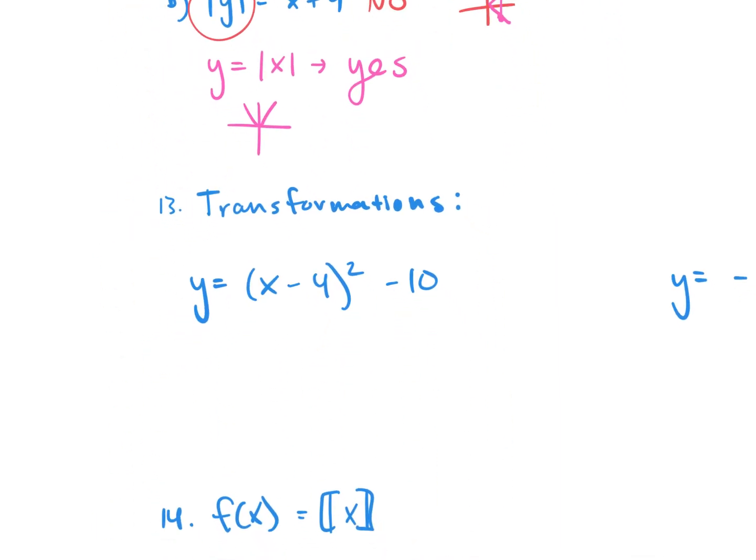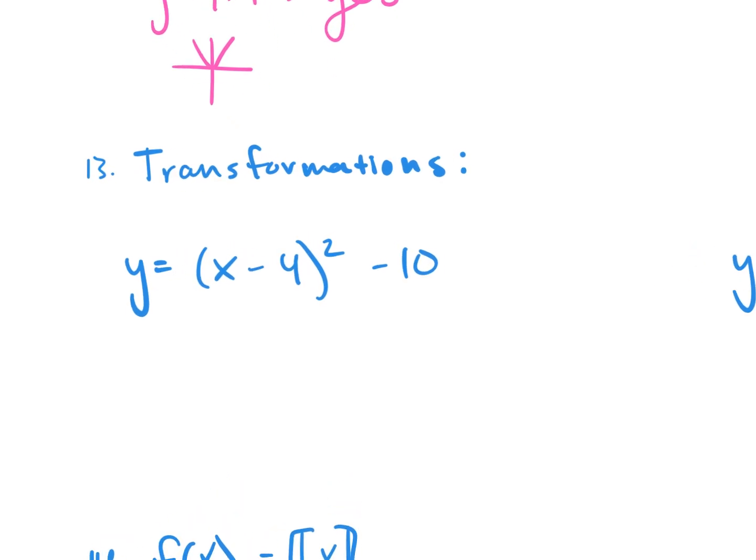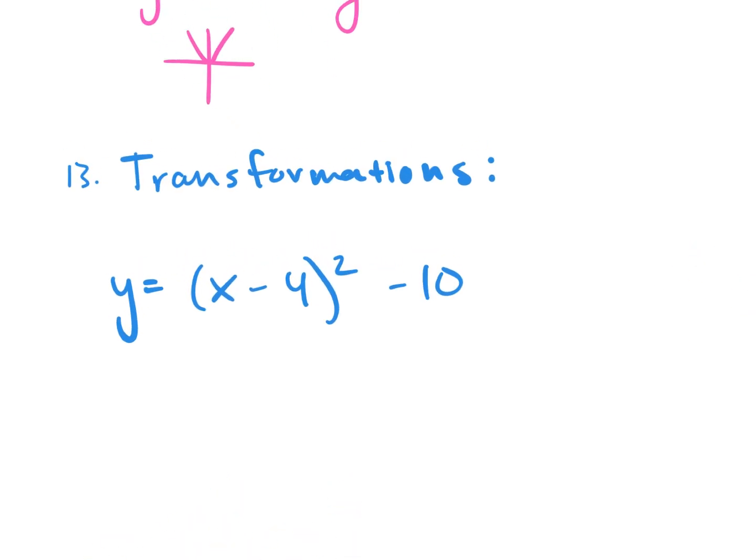All right, for 13, let's talk about our transformations. So for the first one, when we subtract 4 on the inside, what does that do to our graph? It goes to the right 4. Awesome. And what about when we subtract 10 on the outside? Down 10.